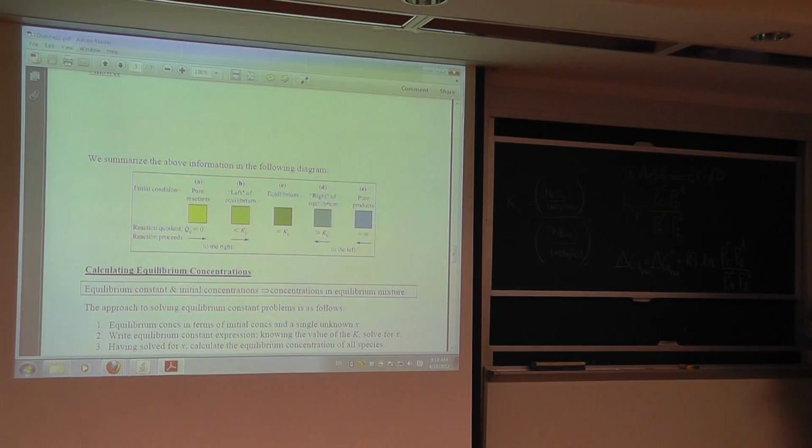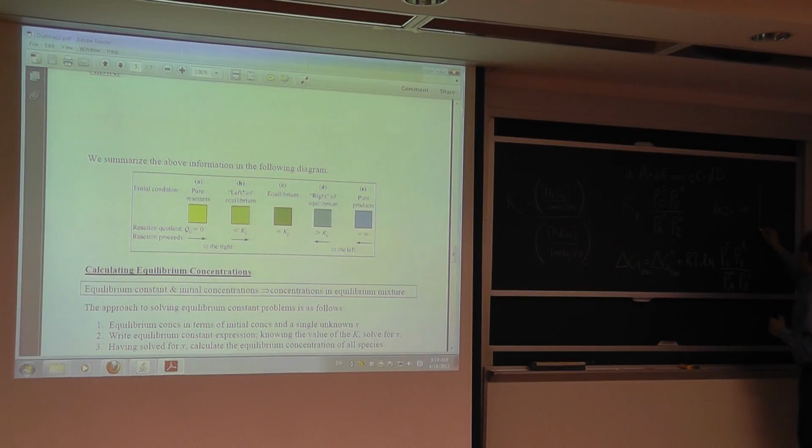Okay, so if you have pure reactants, what is this quantity going to be? 0. This quantity is going to be 0. Okay, log of 0 is negative infinity.